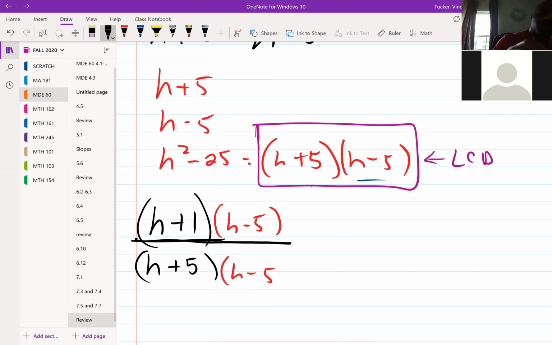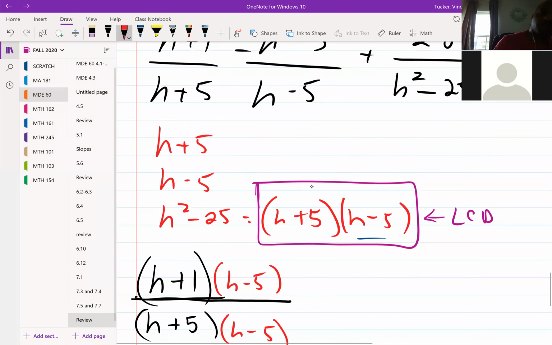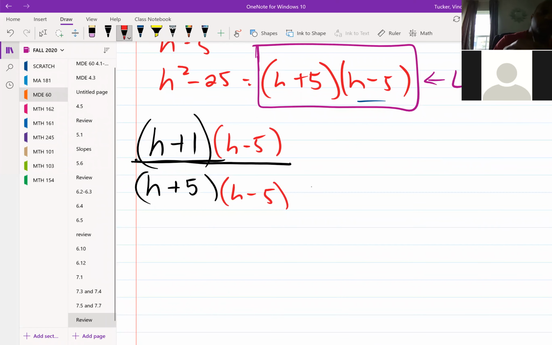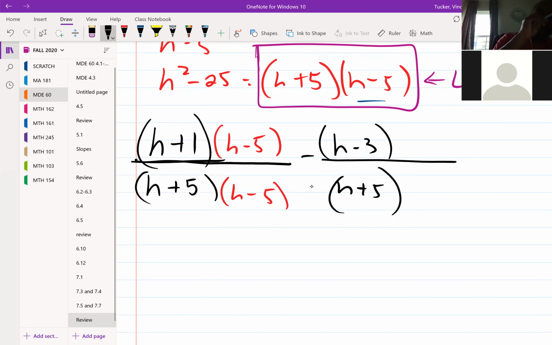And the next one, we have h minus 3 over h plus 5. What is missing is the h minus 5, so we multiply top and bottom by h minus 5. How do you know to do that? Compare the denominator to the LCD.